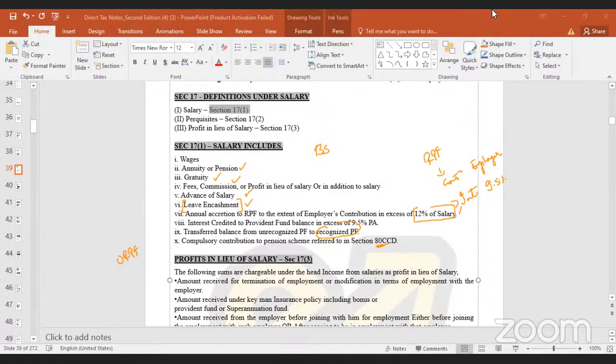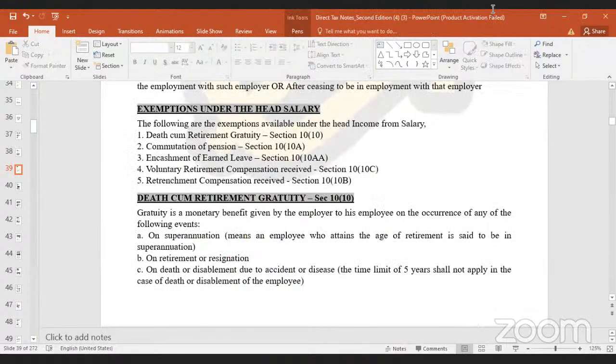We will not be covering the entire salary chapter, so I'll try to do some basics of the salary chapter. Next is exemptions. The following are the exemptions which are available under the head salary. First is death cum retirement gratuity.